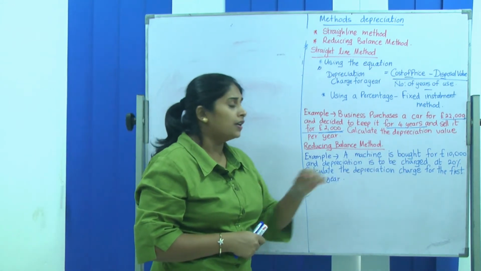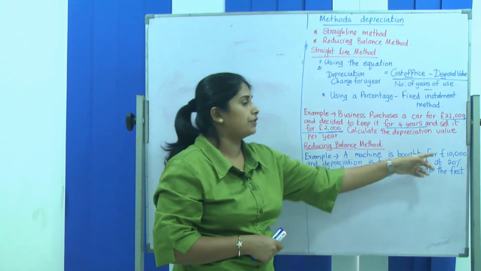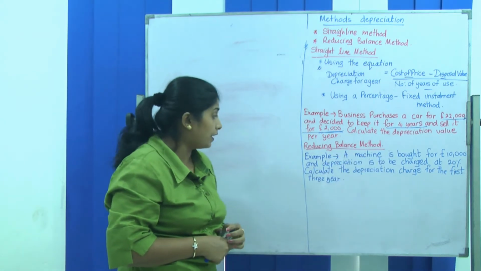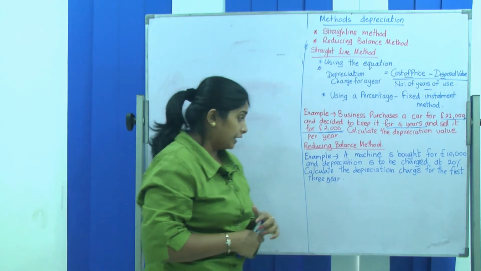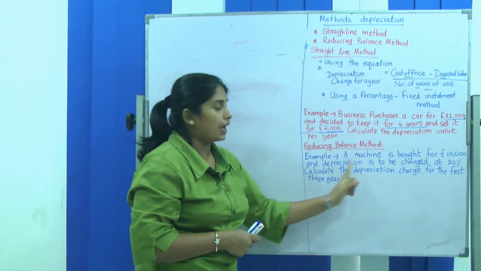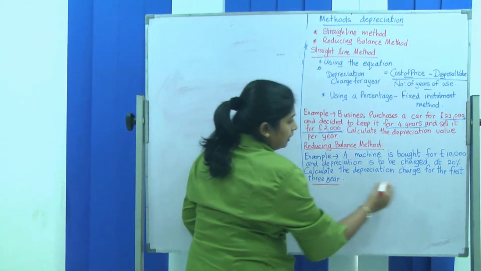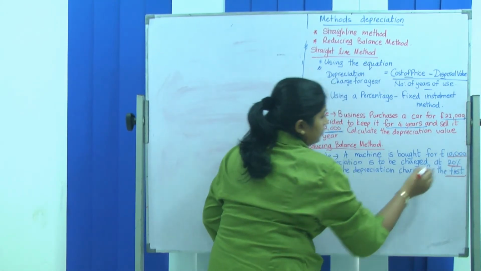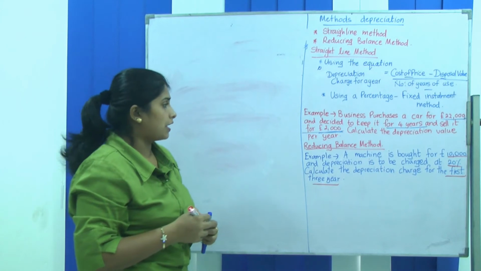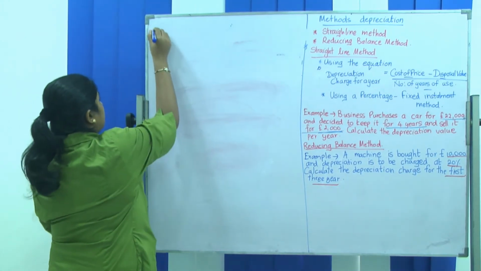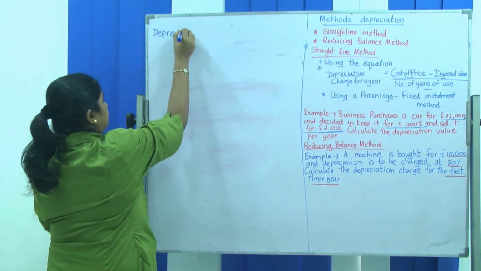So they have bought a machinery for 10,000 and are hoping to charge depreciation at 20% per year, and they are asking you to calculate the depreciation charge for the first 3 years. So 20% is the percentage, and 10,000 is the cost. Now we'll see the depreciation charge for the first year.